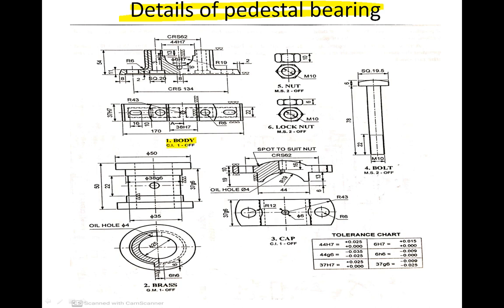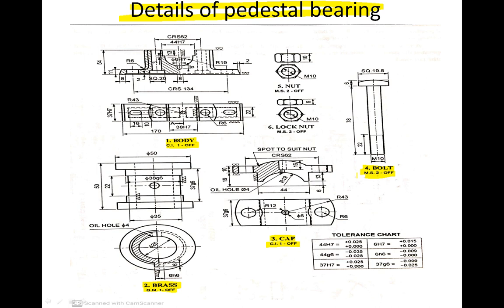The material of the body is cast iron, quantity is 1. The second part is the brass, which is made of gunmetal, and quantity is 1. The third part is the cap. The material of the cap is cast iron, quantity is 1. Then the fourth part is the bolt, which is made of mild steel, and quantity is 2. Means 2 bolts are required, because there are 2 holes in the body.